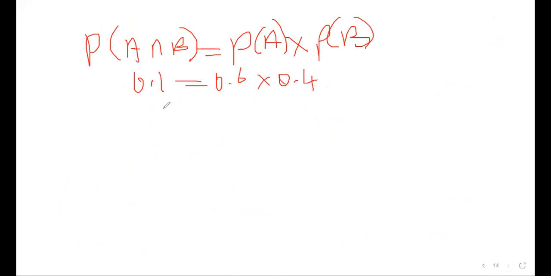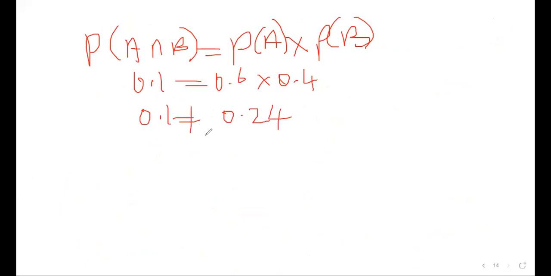Is that reconciling with this one? The 0.6 times 0.4 is 0.24. So the events are not independent in this way.